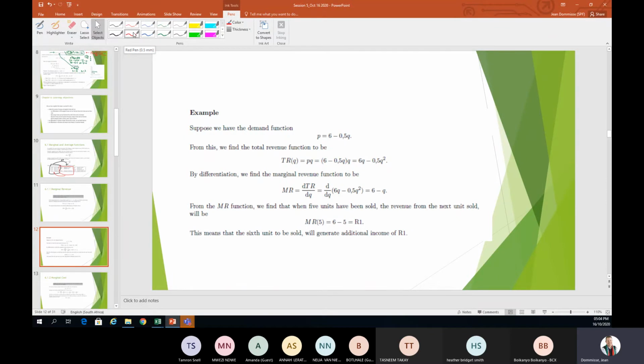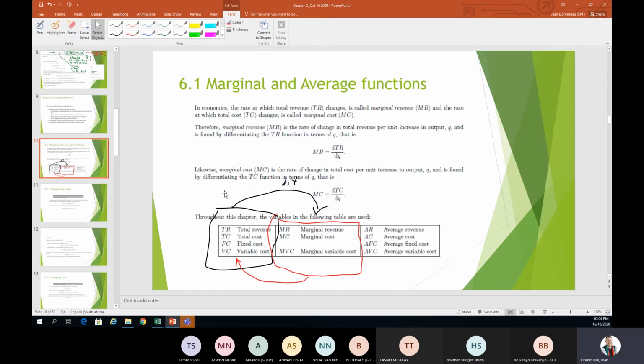But what makes it now a bit more difficult is you need to remember what we did in chapter 2 and 3. So now you need to know, oh heck, what was total revenue again? How did we calculate total cost? How did we calculate fixed cost? How did we calculate variable cost?